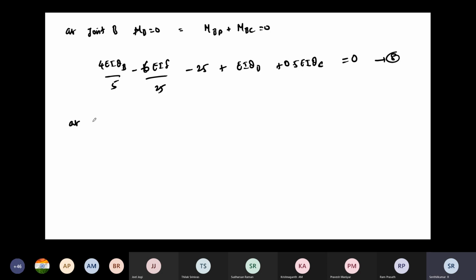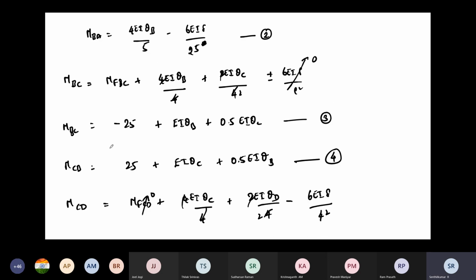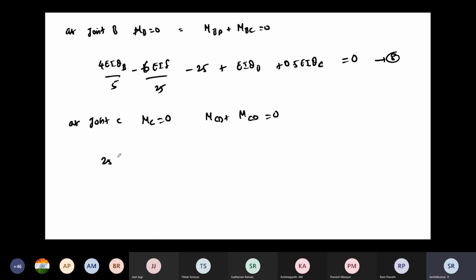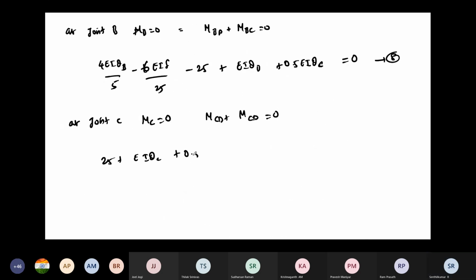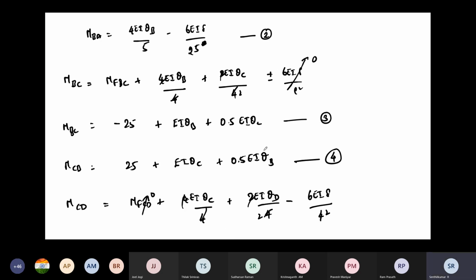Then at joint C, if you are keeping MC equal to 0, so MCB plus MCD equal to 0. MCB is 25 plus EI theta C plus 0.5 EI theta B. Good.